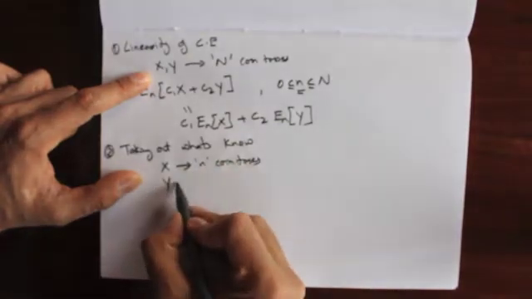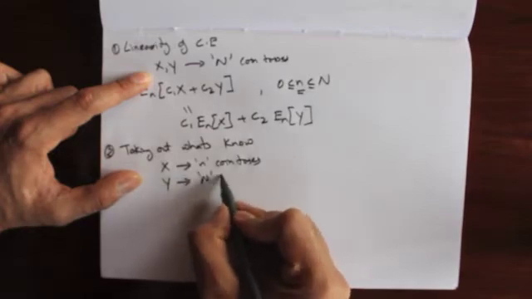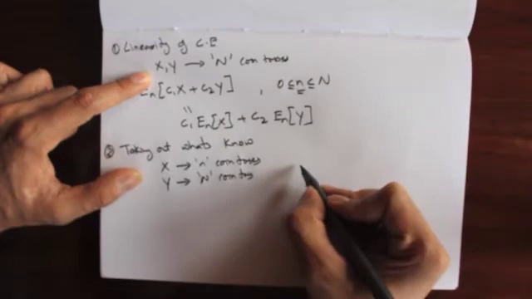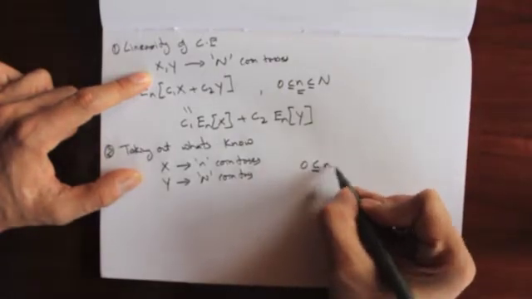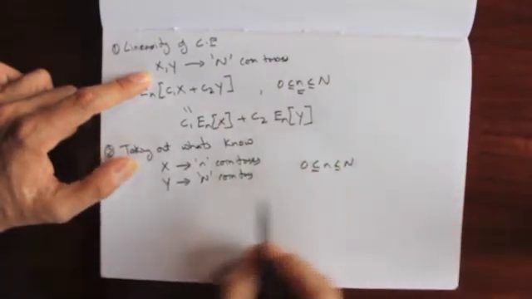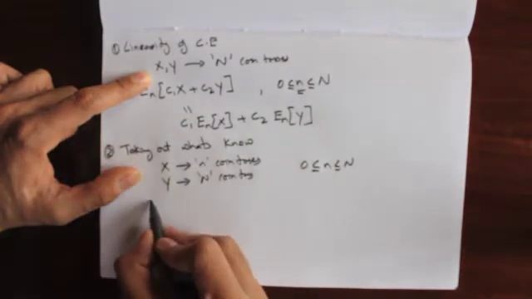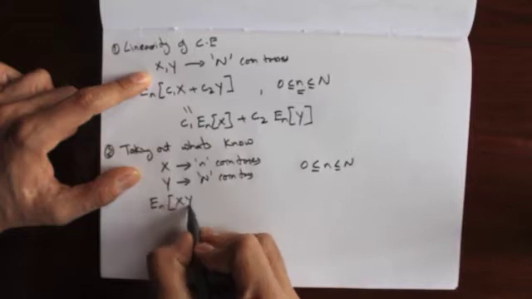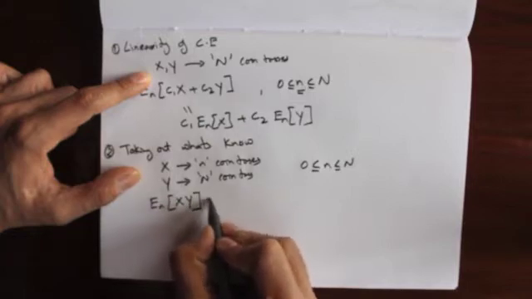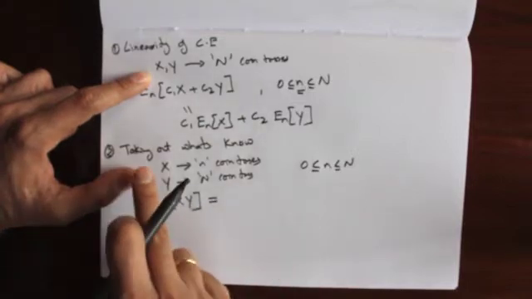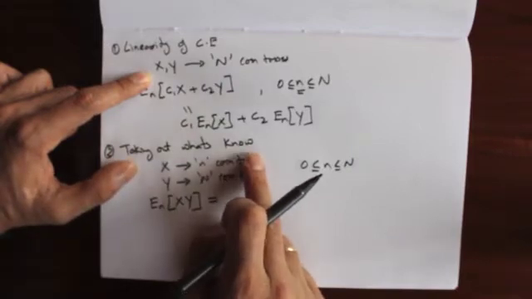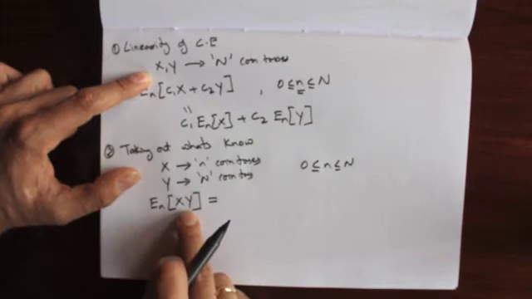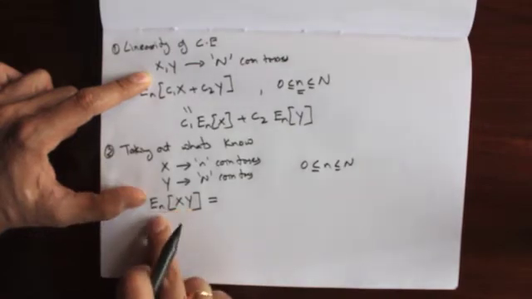And y still depends on capital N coin tosses, and again 0 is less than or equal to n, less than or equal to N. Now let's say we want to calculate the expected value of x times y. So taking out what's known basically says that you can take out from this expectation anything which is known at that point in time.